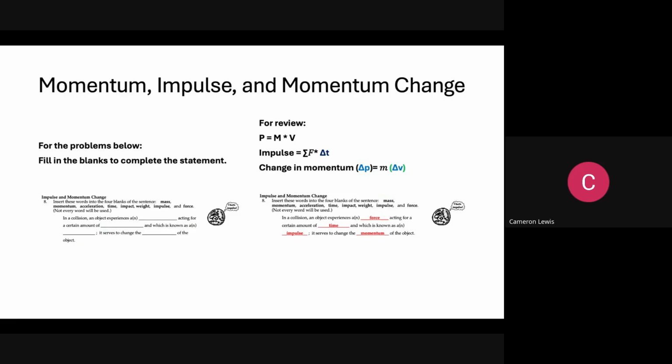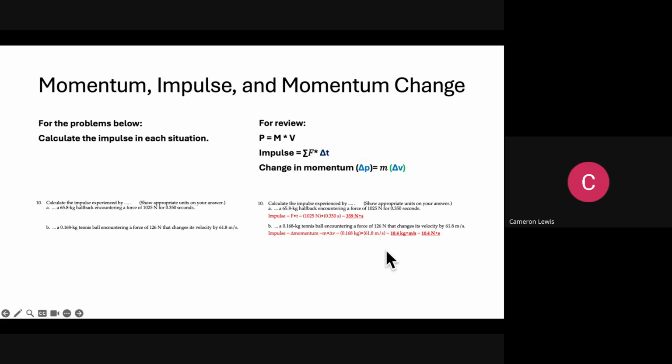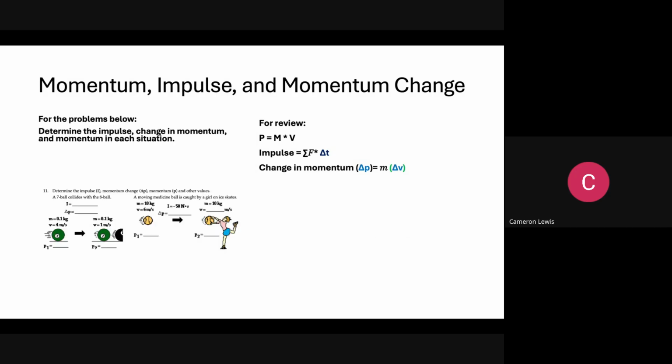That's you colliding into a wall. That's a car crash. Or you getting punched in the face with a fist. All those things cause you to, in turn, change your momentum. And we see that here when we look at the math. The math just backs it up that an impulse is equal to a change in momentum. But how does that come to what we see in the actual situation? That's what we're going to start looking at in this problem right here.